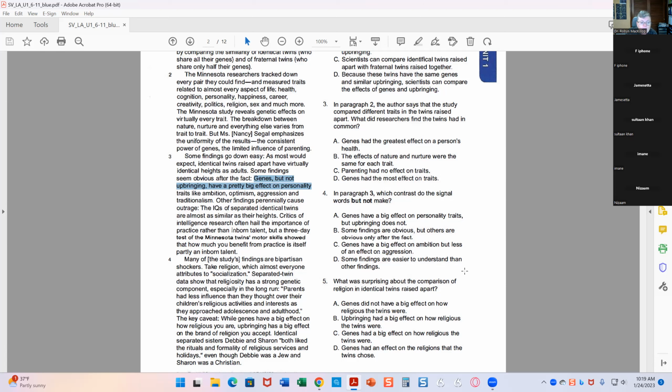Or is it some findings are easier to understand? Is it D? It is not D. I think B. So, A or A. Did you say A? Yeah, it is A.